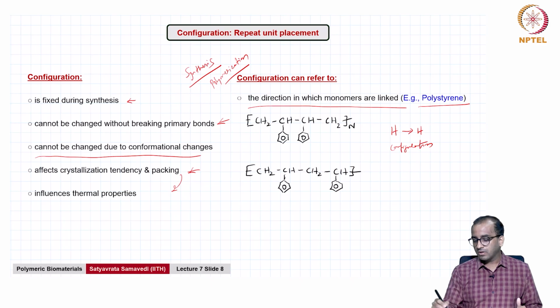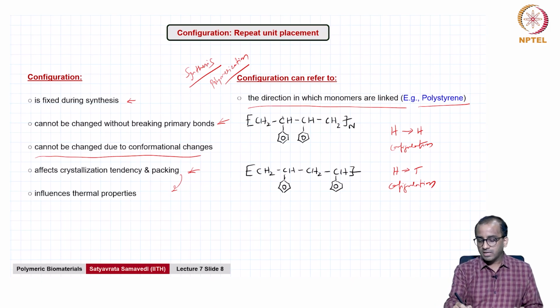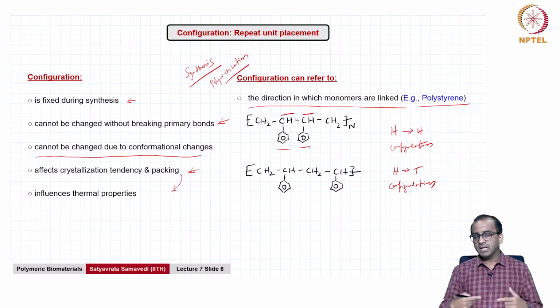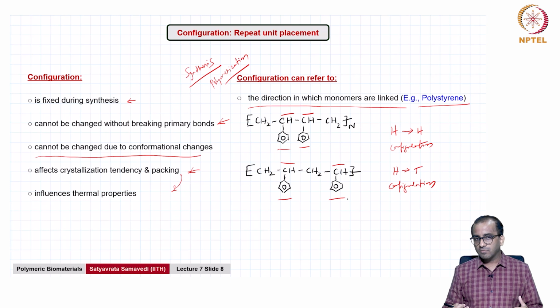The other one is called a head-to-tail configuration, where this is called head-to-head because these two are meeting during synthesis head-to-head, whereas here it is head-to-tail because these two bulky groups are not present next to each other.